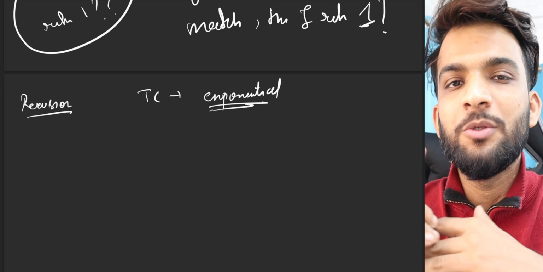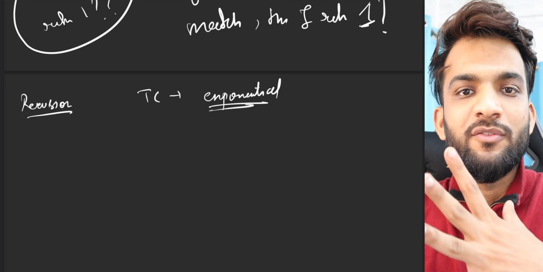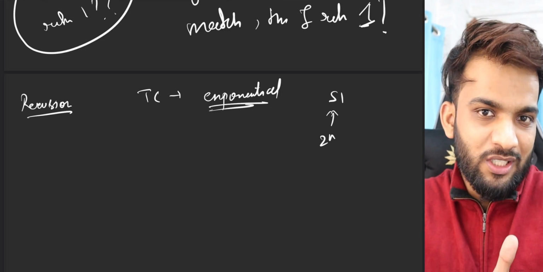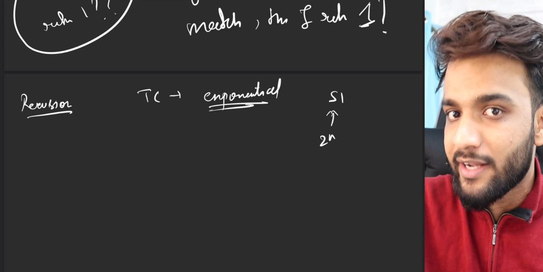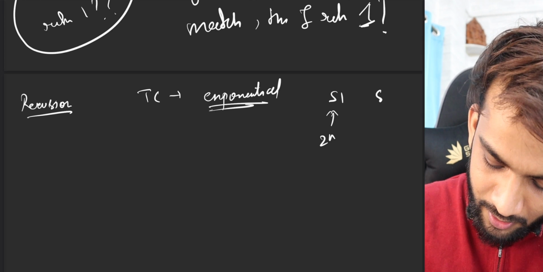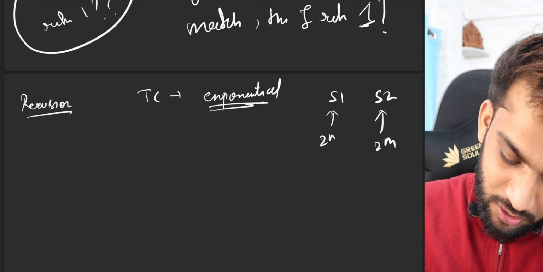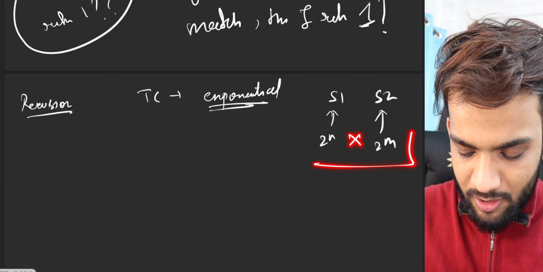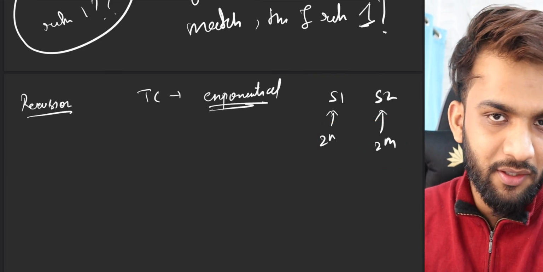Somewhere near about 2 to the power n will be the number of subsequences of string S1, because those are the number of subsequences that you can generate if the string is of length n, and 2 to the power m for the string S2. So there will be matchings on them. So it will go exponential, you can call it in an interview.